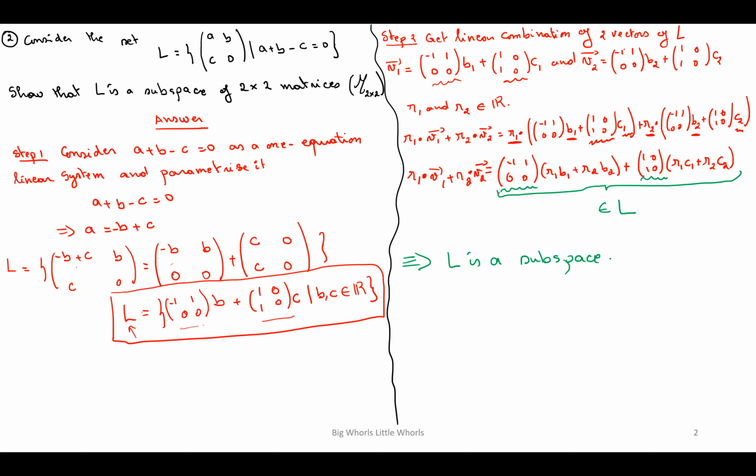So that subset must be closed under linear combinations, which means it must be closed under addition and scalar multiplication. We don't need to go through all the 10 conditions to prove that a subset is a vector space. You need to prove only the closure under linear combination.